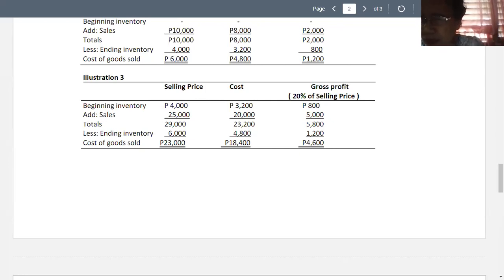So the total is consolidated comprehensive income. By the way, comprehensive income, you just abbreviate CI. Okay, so we have 129,600.